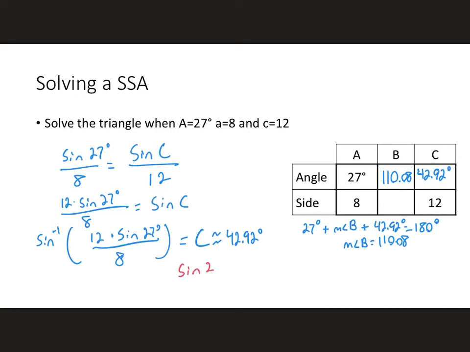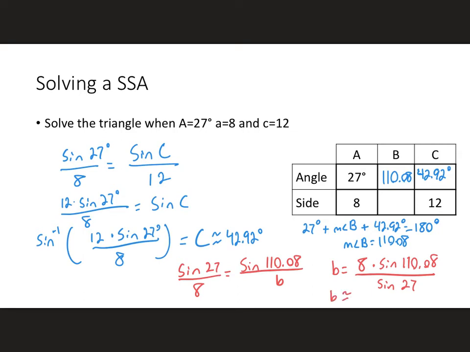Sine of 27 divided by 8 equals sine of 110.08 divided by B. And to get B completely by itself, I'm going to swap its location with the sine of 27. It's a pretty standard property of proportions. And I'm going to multiply 8 by the numerator of sine of 110.08. That will look like this. All right. And then solving that on my calculator, I get B is approximately 16.55.